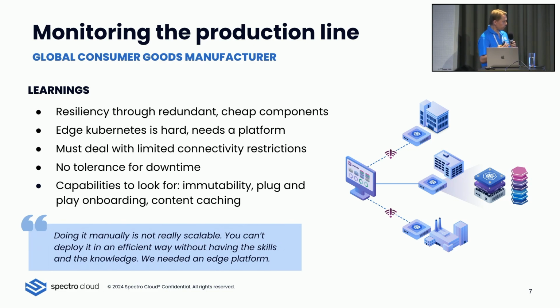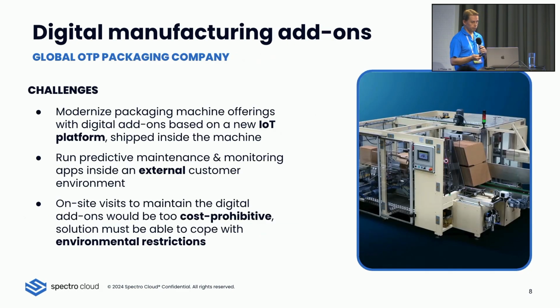So this is where, especially around edge, there's all sorts of auxiliary and ancillary requirements that come into the picture that you have to consider when looking at these things.